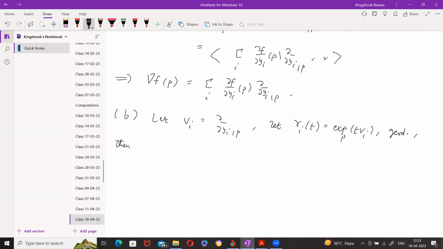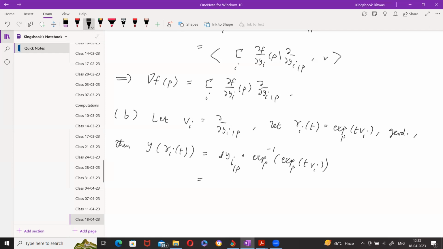So then what is y of gamma i of t? This is dyi at P composed with exp_p inverse of exp_p of t Vi.